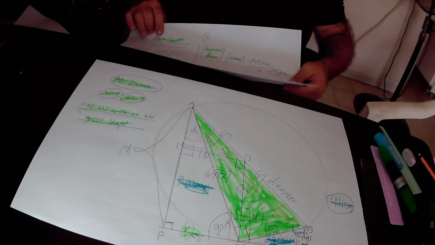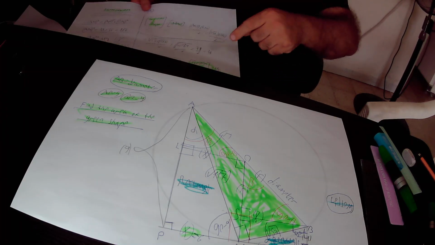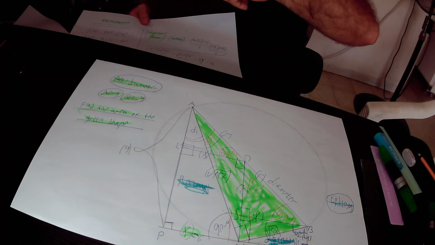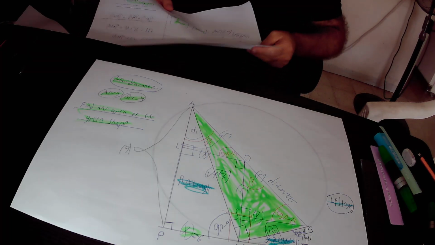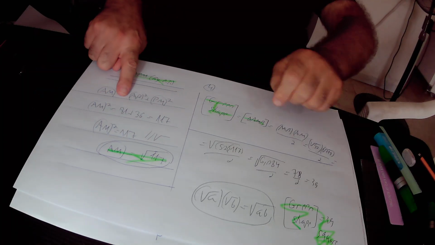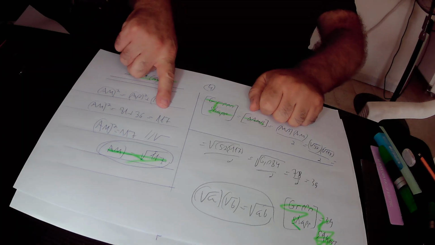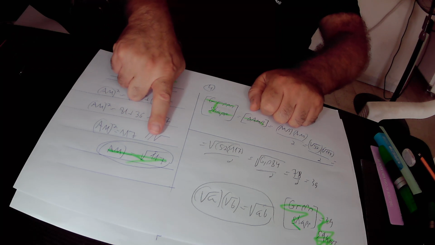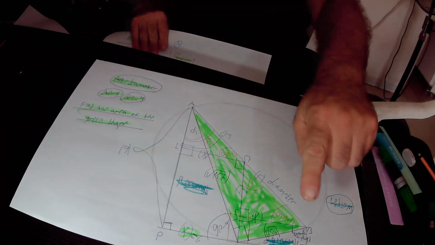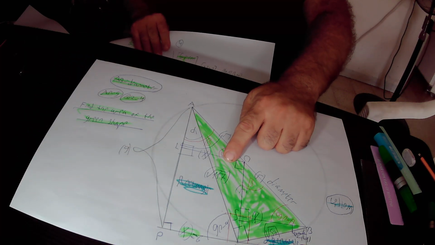AP is 9, therefore AP squared is 9 squared, that is 81, plus PM squared. PM is 6, therefore PM squared is 36. So in total, AM squared equals 81 plus 36, that is 117. Here we took the square root and found out that AM equals the square root of 117 units in length.